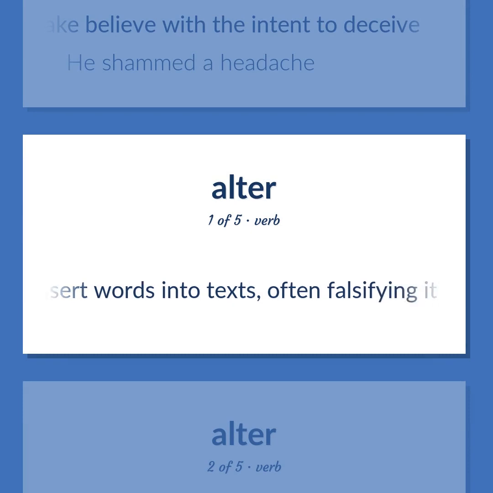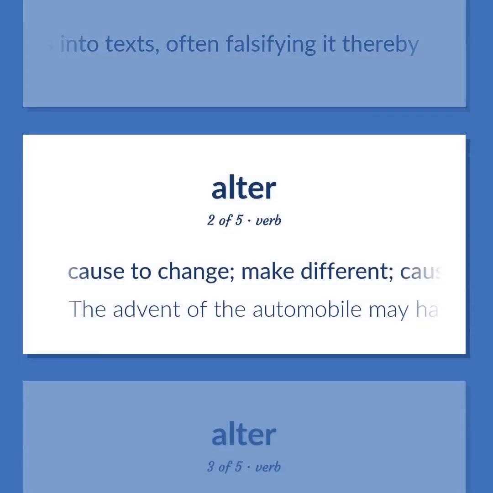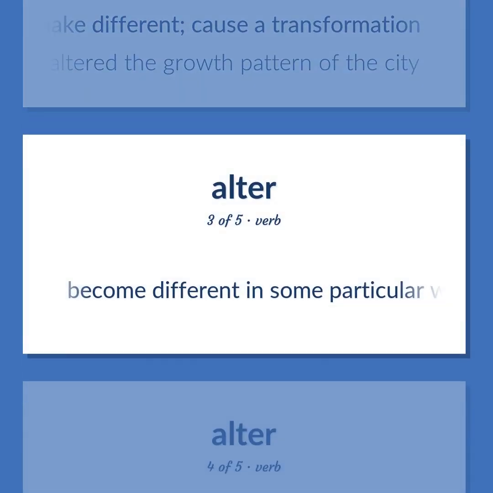Insert words into texts, often falsifying it thereby. Cause to change, make different, cause a transformation. The advent of the automobile may have altered the growth pattern of the city. Become different in some particular way, without permanently losing one's or its former characteristics or essence.